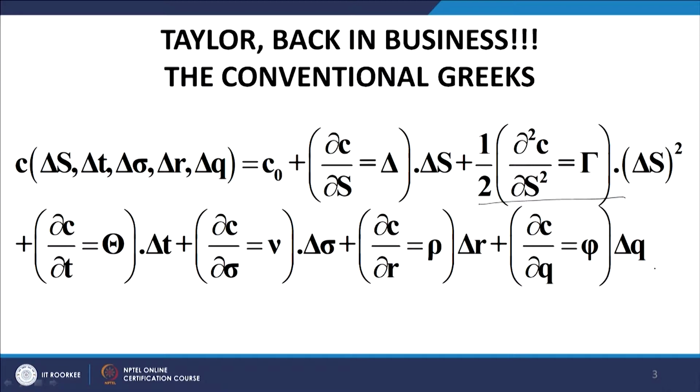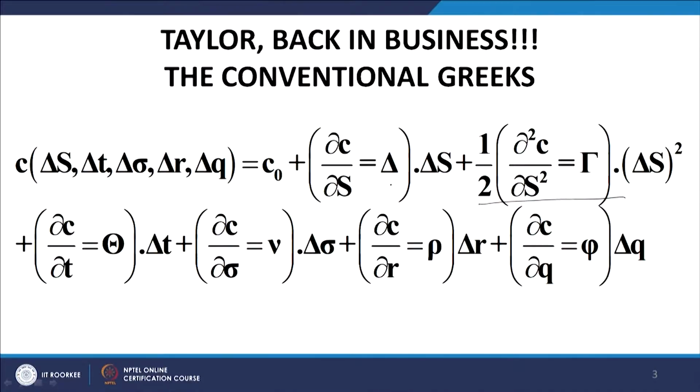With the increase in computing power, you can obviously obtain higher accuracy by including more terms of the Taylor expansion. But by tradition or by convention, these quantities delta, gamma, theta, vega, rho and phi constitute the fundamental set of option Greeks which are conventional in use.